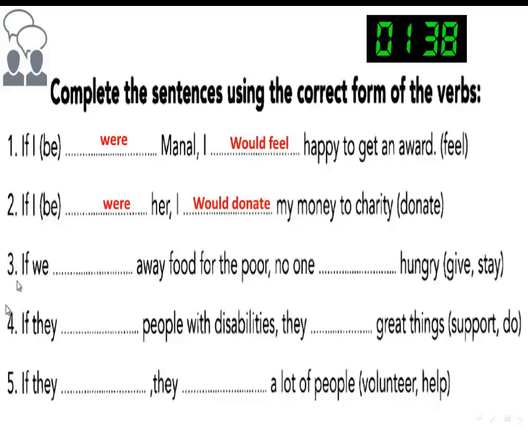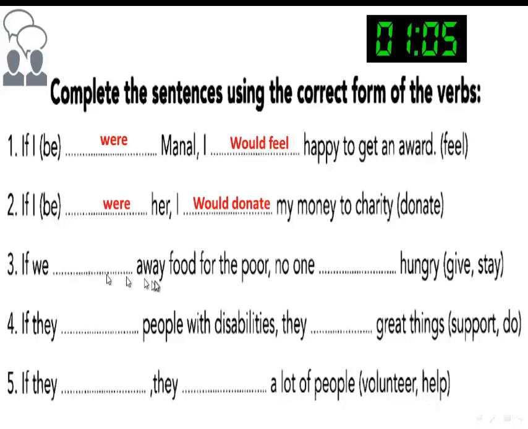Number 3, if we away food for the poor, no one hungry. I have here 2 verbs in brackets. So the first one, give, should be here, and the second one in this space. Okay? So the first one, give. After if, we should write it in past tense.